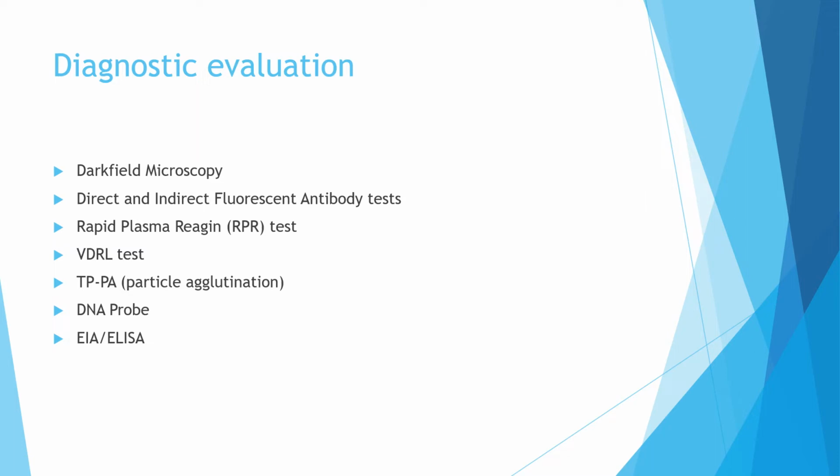We can do DNA probing, or PCR, which is confirmed by Southern blot. And then finally, we can do EIA or ELISA tests that look for Treponema pallidum antibody. And they can be 100% sensitive in all phases of syphilis. Now, Southern blot, just to remind you, is when we're looking for DNA fragment detection by probe hybridization.